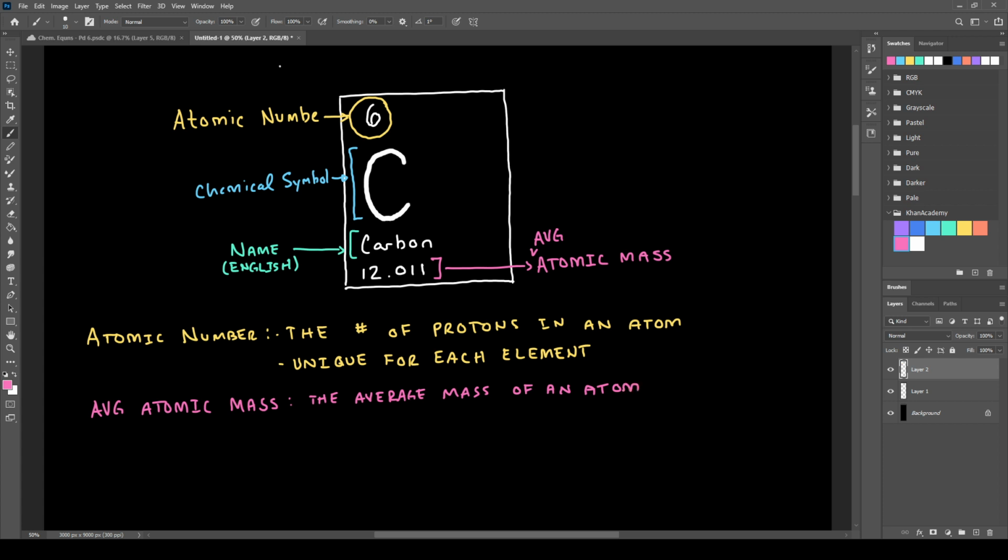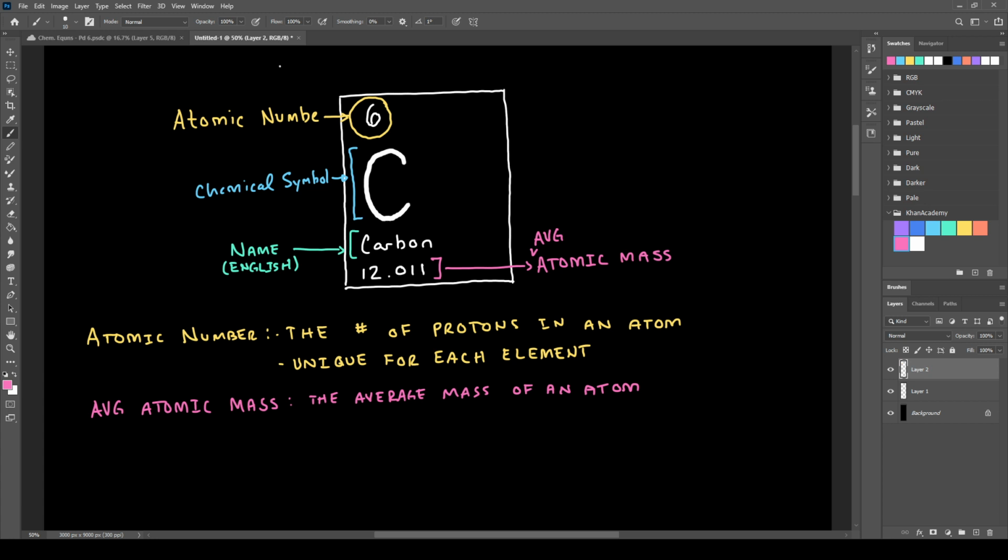So what this means is that not all carbon atoms weigh 12.011, but if we were to have a giant pile of carbon atoms and we were to pull them out randomly, on average, the mass of each carbon atom would be 12.011. And we'll leave a discussion of average atomic mass in depth to another video.